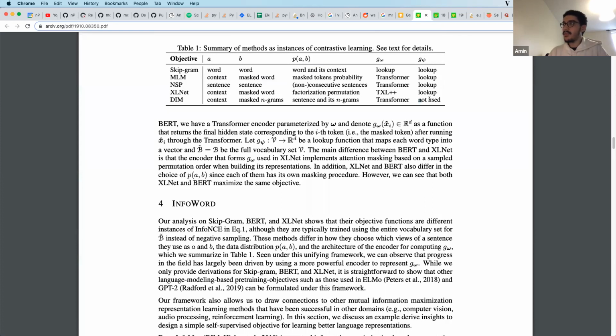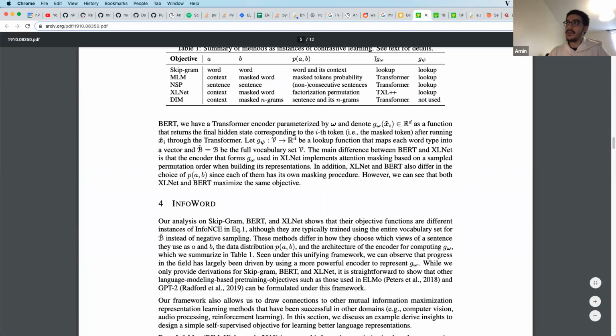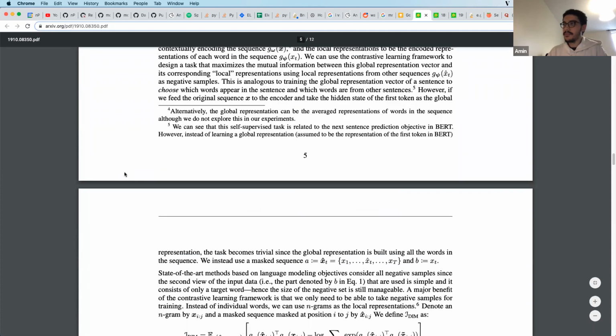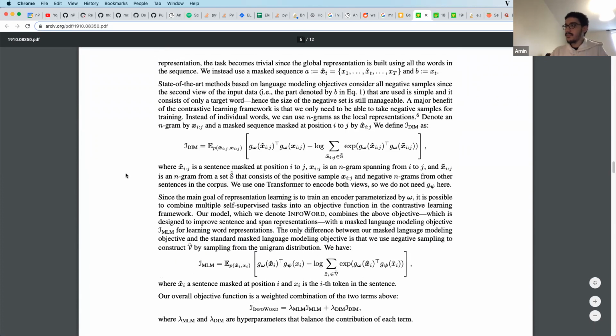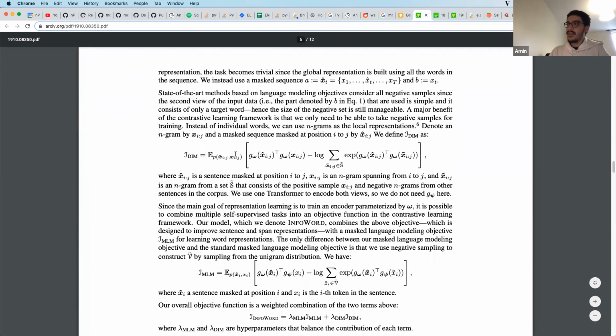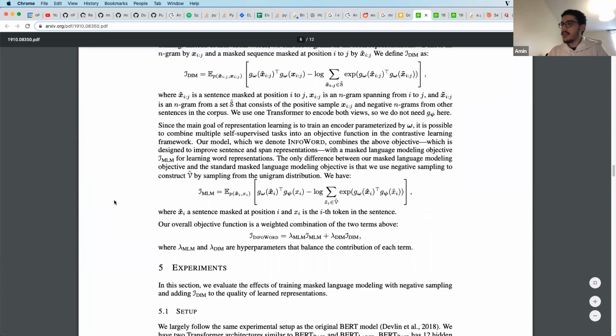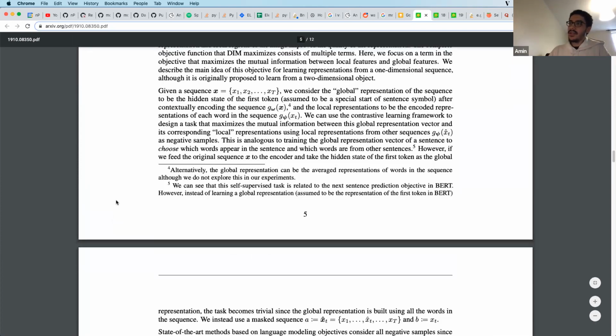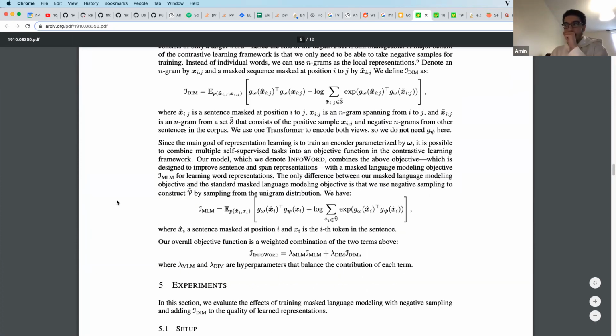As you can see in this table, you don't need to use a different lookup. You can just use a transformer for both g omega and g phi here. Other than that, it's the same. You're just defining these two functions, and okay, so that's Deep Infomax.